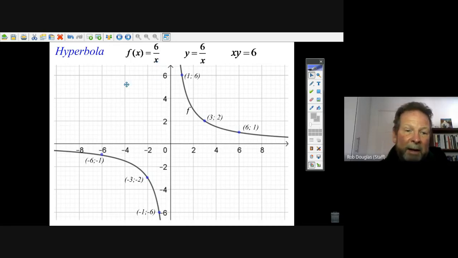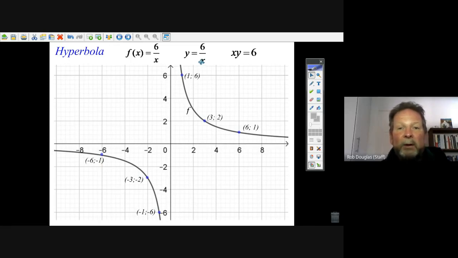If we divide by -6, we get -1, and for y, we get the same branch, but it's going off towards the negative axes, x and y axis. So you have two branches that look exactly the same, kind of mirror images of each other. That's the basic shape when you have a positive number over x. And in grade 10, we just put it over x. We do something else out here, but we just put it over x.